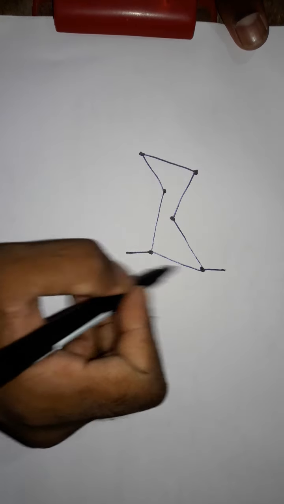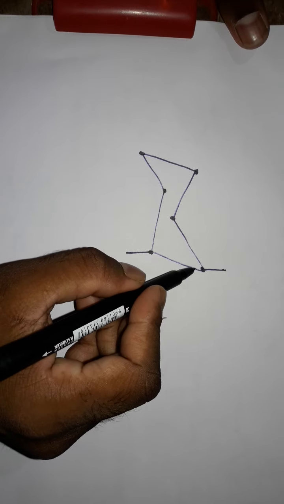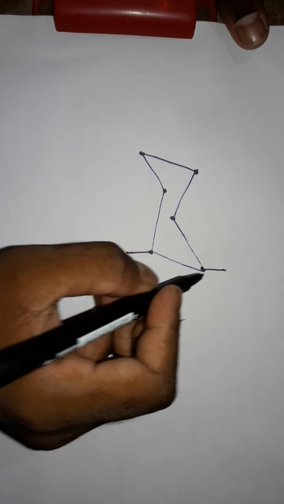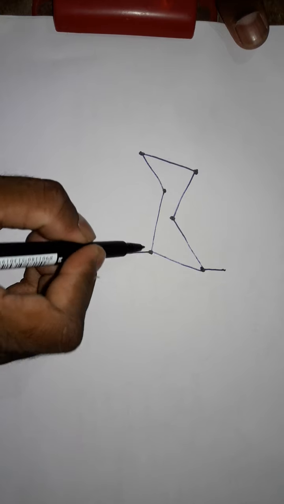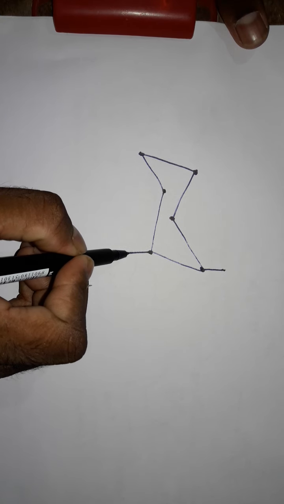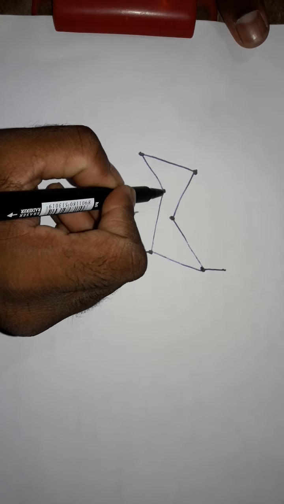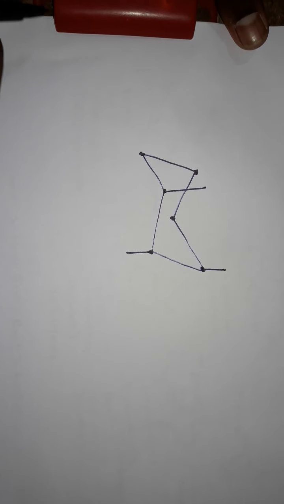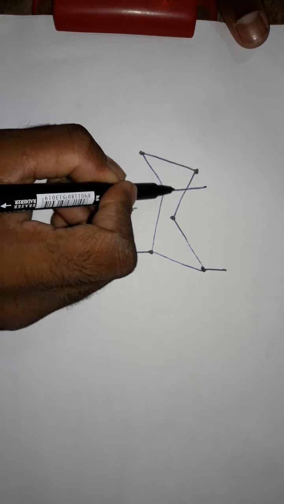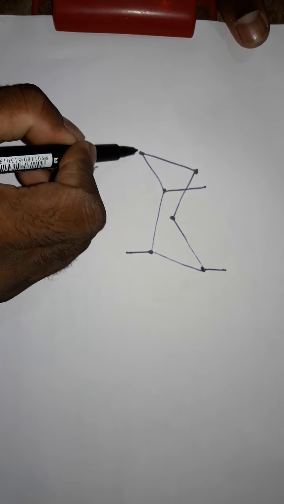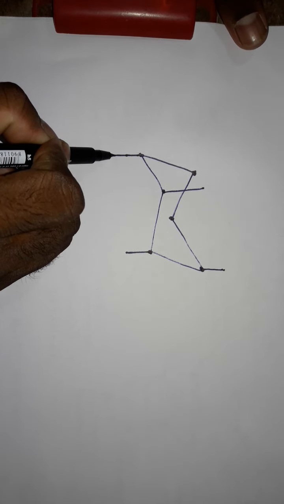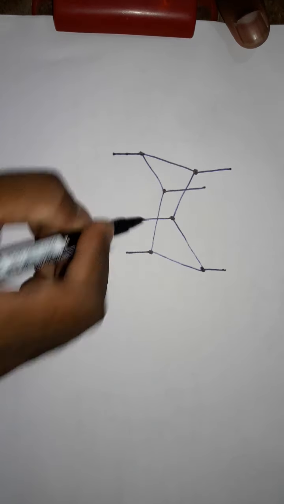So they should be opposite to each other. I am just writing axial bonds only. Now at this carbon the axial bond is downward, so at this carbon the axial bond will be upward. Now at this carbon downward, this carbon upward, this carbon downward.